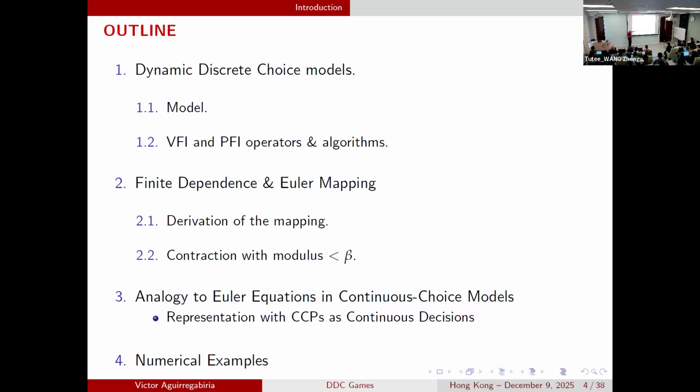And then, if I have enough time, I will spend some time telling you why I call this operator the Euler operator: it is closely related to the Euler equations that we have with continuous choice models. And then I will present some numerical results.